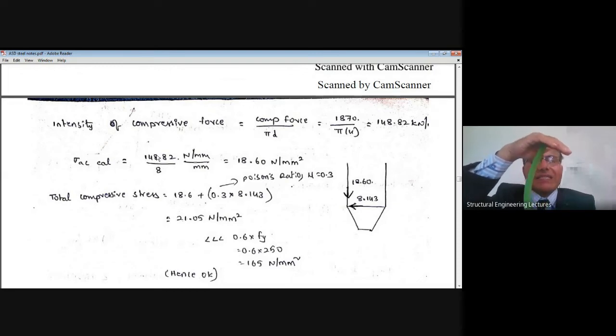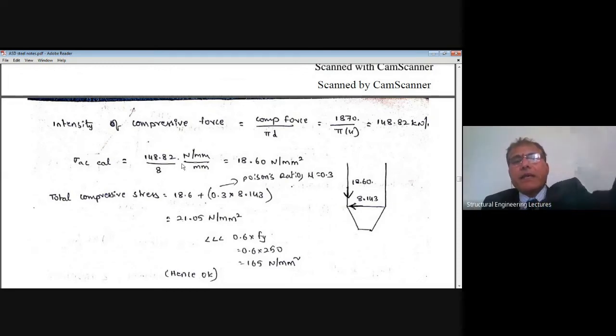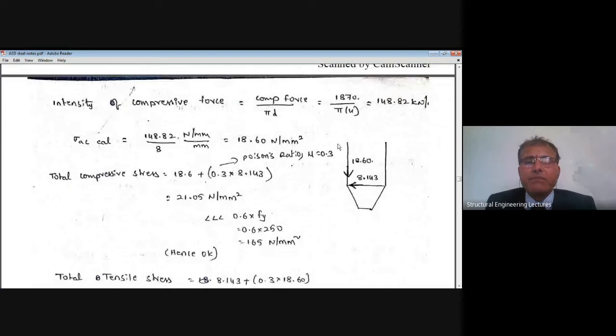Divided by thickness, divided by 8, it gives 18.6 Newton per mm square, or MPa, which is much less than even, assuming the slenderness ratio maybe some 20 or 30, you can check that the permissible axial compressive stress may work out much more than 18.6. Therefore, it is okay.